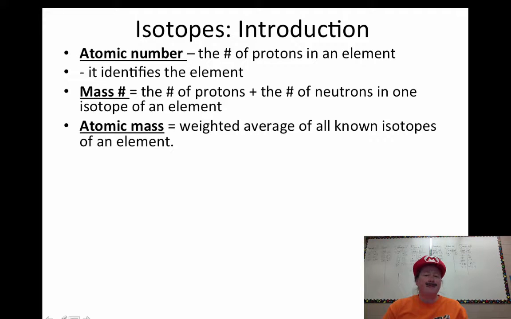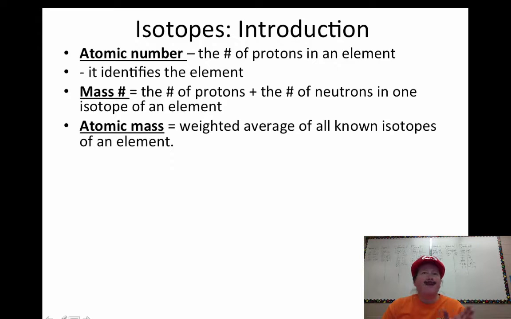So the mass number is referring to the number of protons plus the number of neutrons in one isotope of an element. So when we remember Positive Patty Proton and Nerdy Nell the Neutron and their massiveness, their robustness, each of them has, let's say, a mass of 1.